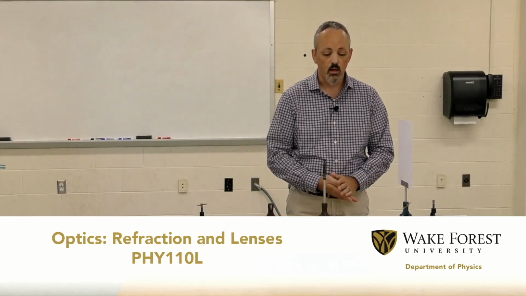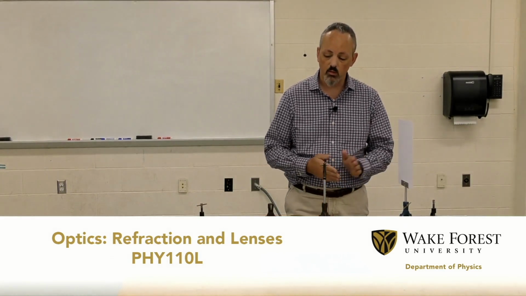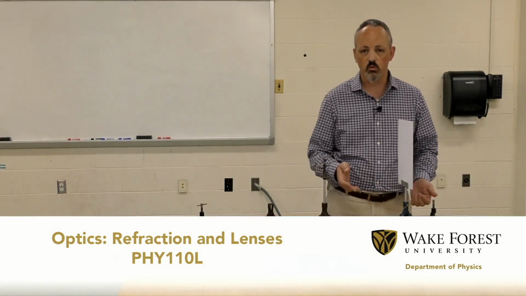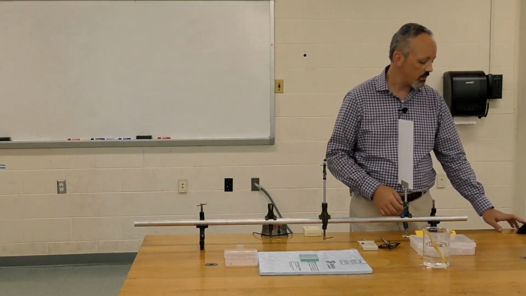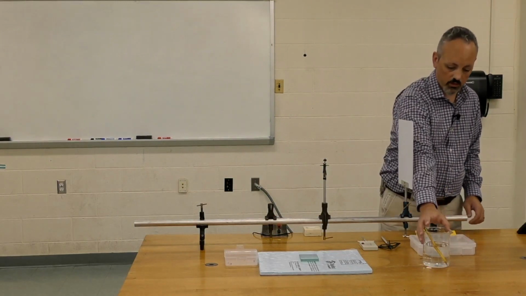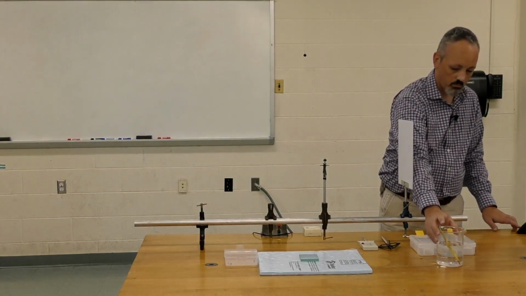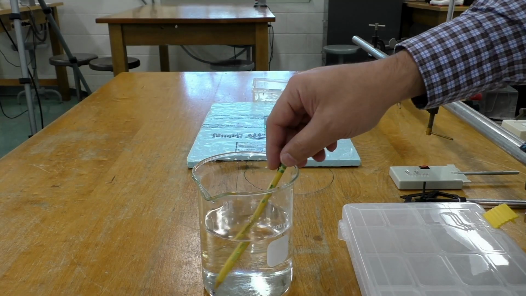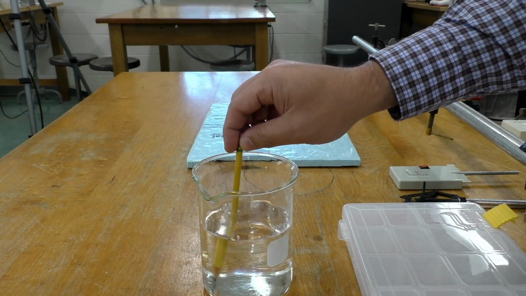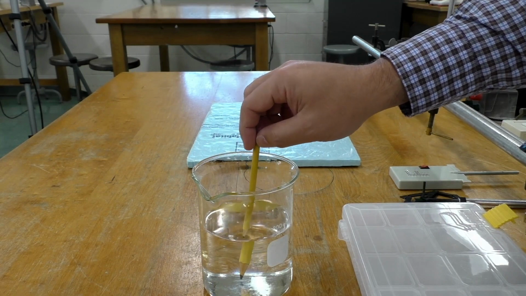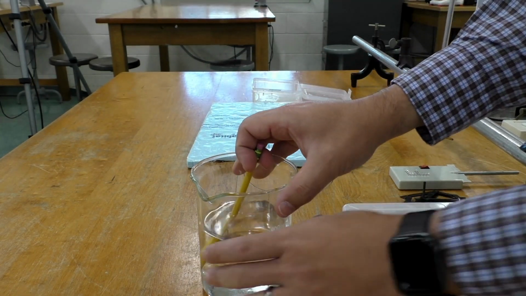So what I'm going to do first is give you a few details about the refraction aspect. And before I do that, let me point out what we mean by refraction. You've seen this before. The classic experiment would be, let's see if I can show you over to the side, if I take a pencil and place this pencil in water, the pencil appears broken, as it's usually described.